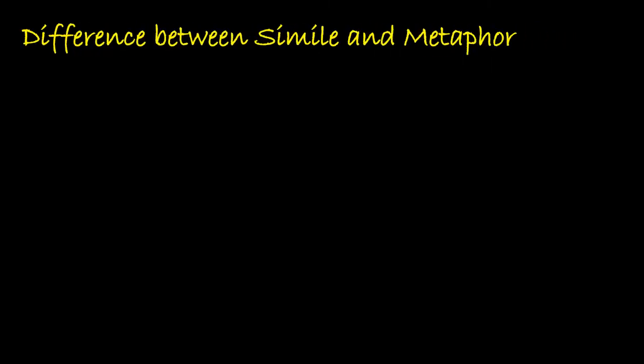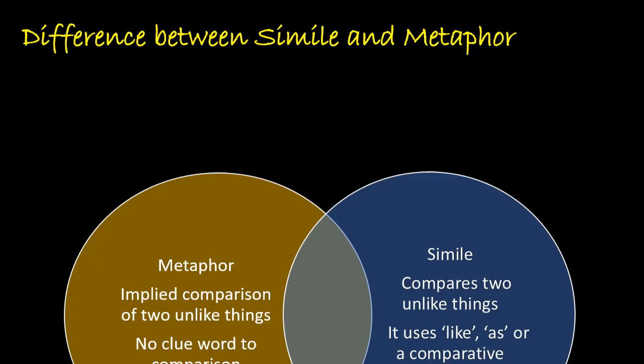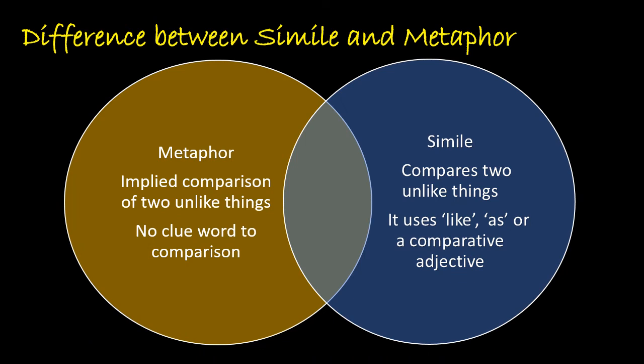As I have already said, simile and metaphor are comparisons, but there should be some kind of difference to identify both. So in the Venn diagram described here, I have given a simple way to identify both simile and metaphor. Metaphor means an implied comparison of two unlike things, with no clue word for comparison. And simile is again about unlike things only, but like and as are used.